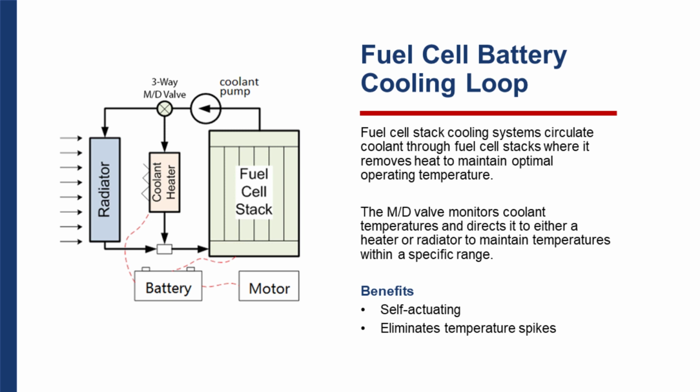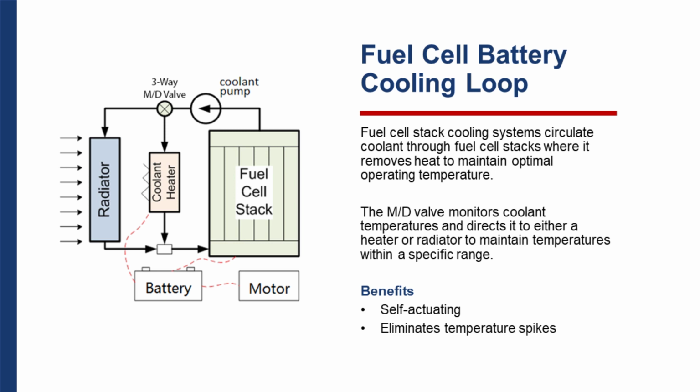Upon startup, if everything's cold, our three-way mixing valve will send the coolant through the coolant pump, and with it being cold, it'll run down through the heater and go right back to the fuel cell, continuing that loop until it gets up to around 85 degrees C. Then it'll start to modulate between the radiator and the coolant heater, and when it gets to 90 C, all flow will stop going into the coolant heater and will be run through the radiator.